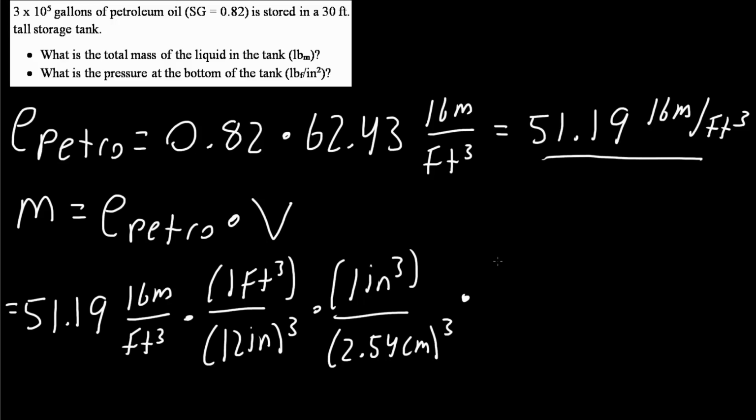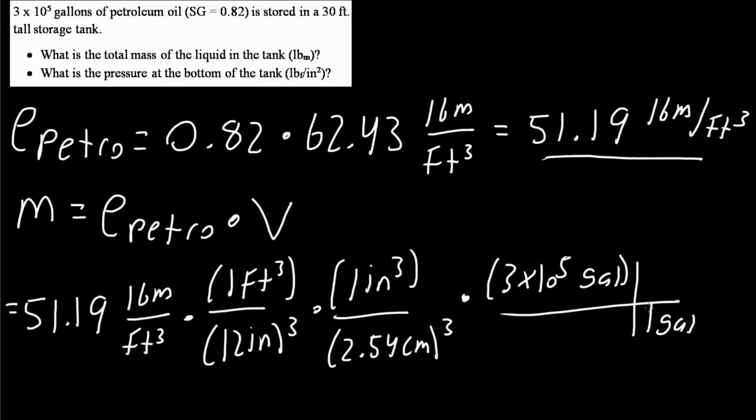So we can say 3 times 10 to the 5th gallons. And we know that 1 gallon is 3.785 liters, and 1 liter is 1,000 centimeter cubed. And so therefore 1 gallon is 3,785 centimeter cubed.